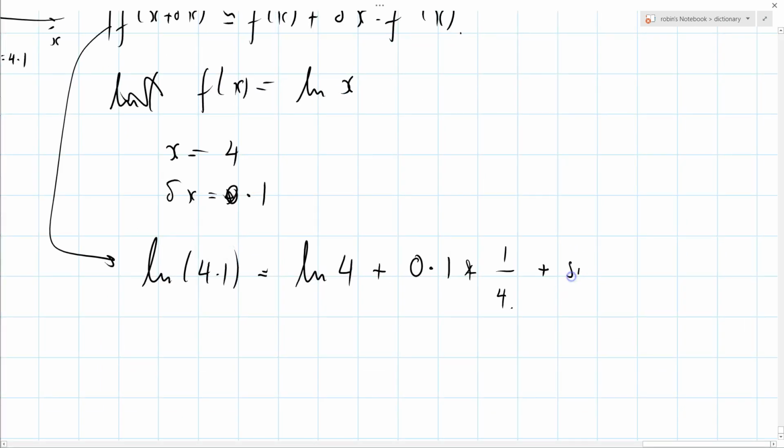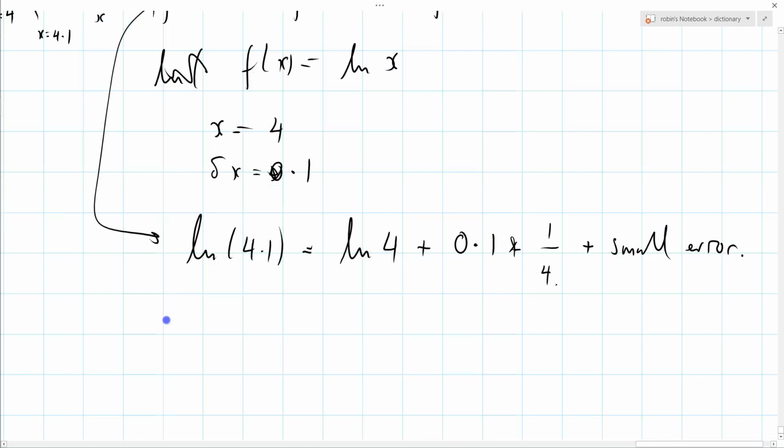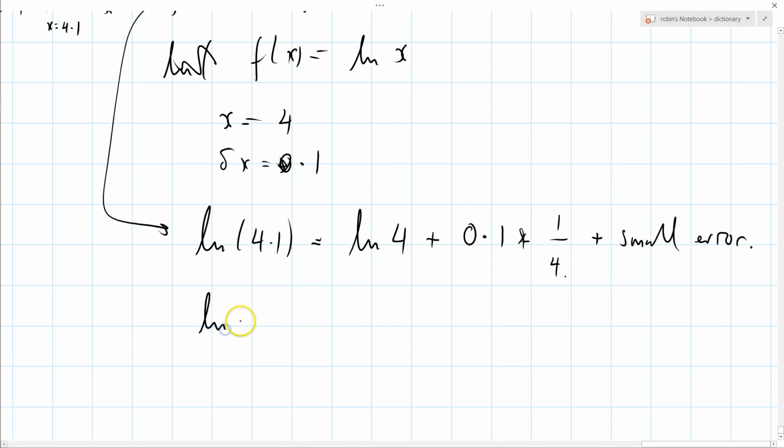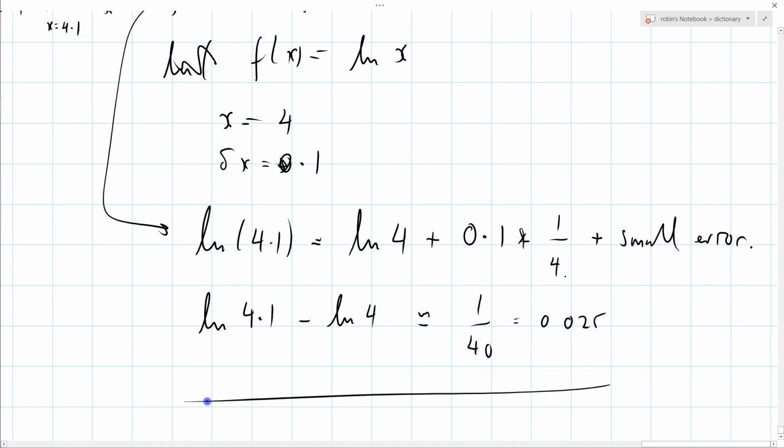So that tells me that log 4.1 minus log of 4 is approximately equal to 1/40th, because that's a tenth of 1/4, which is 0.025. Well, that's what it says.